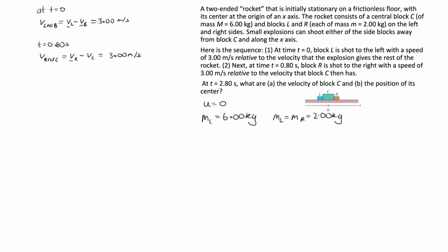This velocity was to the left, so we really should put a negative sign there to show that it's traveling towards the left this way. So then we're asked, this is sometime later at time t equals 2.80 seconds, what is the velocity of C equal to, and what is the position of its center?